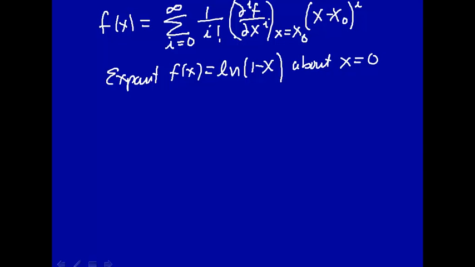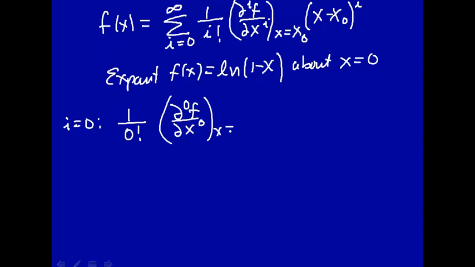Let's take the first term of this Taylor series expansion. That means i is equal to 0. So for i equals 0, we have 1 over 0 factorial, the 0th derivative of f with respect to x, evaluated at x equals x0, and then (x minus x0) raised to the 0th power.